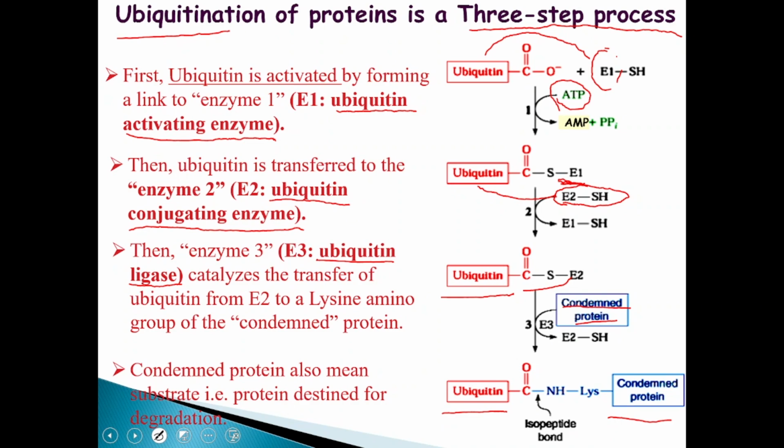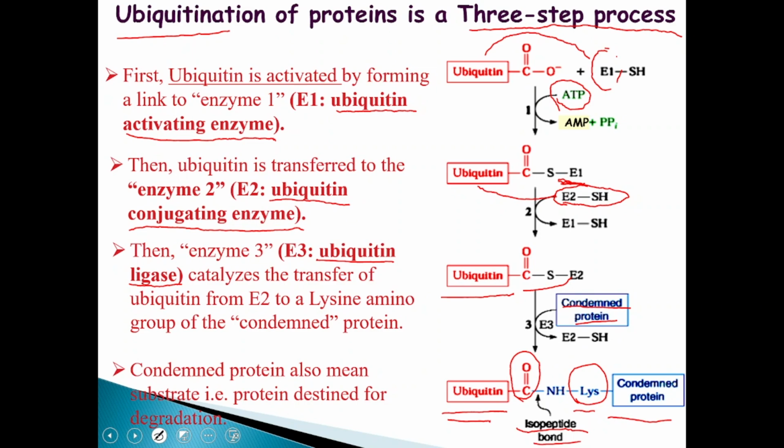And how does that binding happen? The glycine on ubiquitin makes a bond with the lysine of the condemned protein. The protein that needs to be degraded has a lysine, it binds with a glycine on the ubiquitin, and ubiquitin gets attached. The bond formed between ubiquitin and the lysine of the protein is called an isopeptide bond.